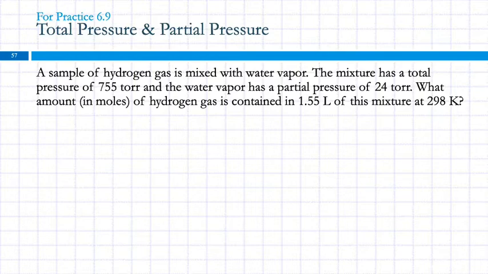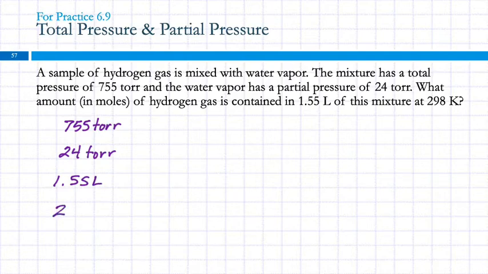There's a lot of numbers here. So: 755 torr, and 24 torr, 1.55 liters, 298 Kelvin.